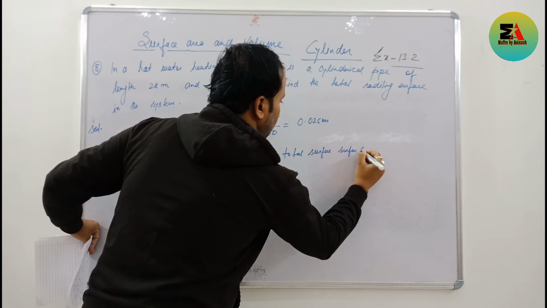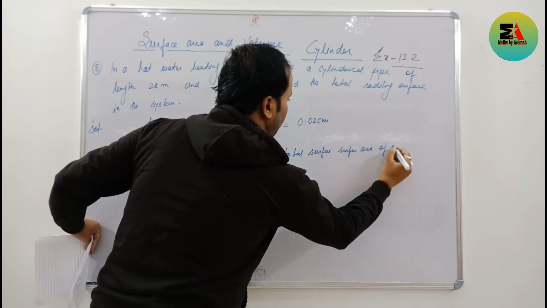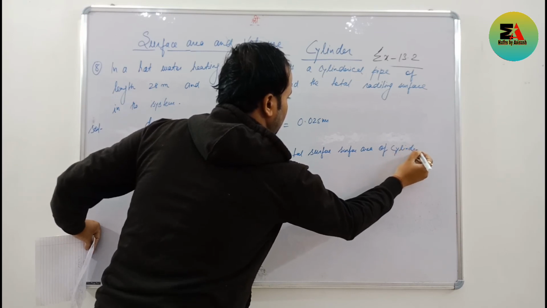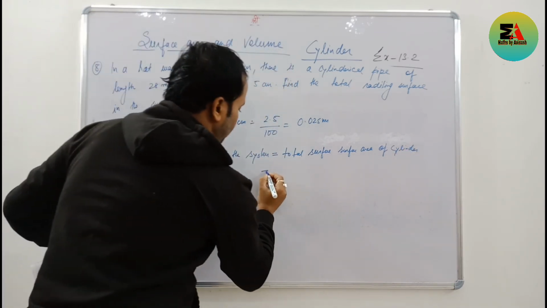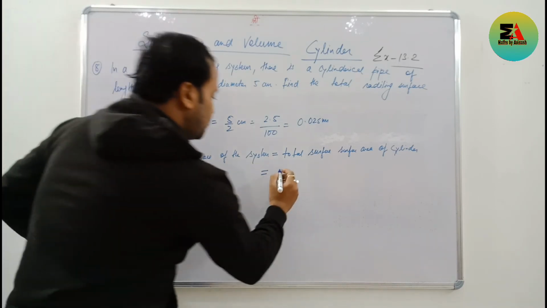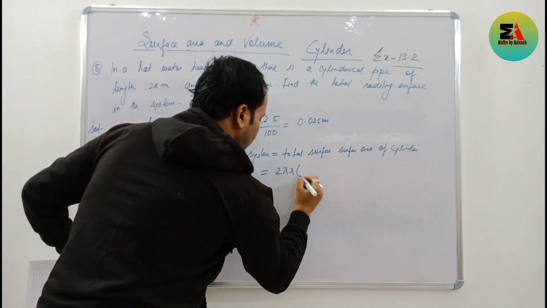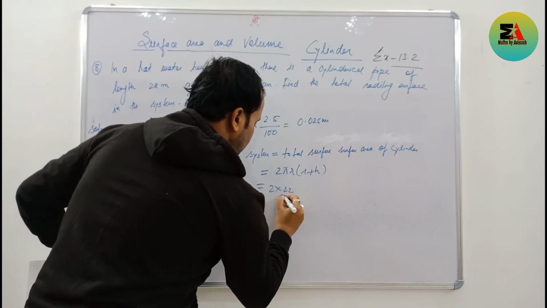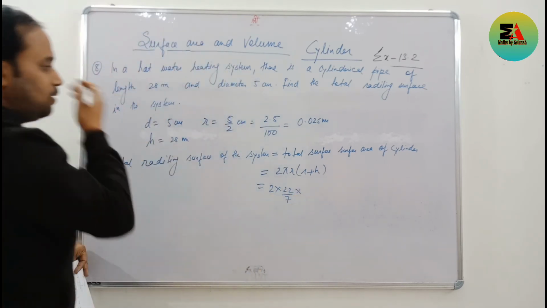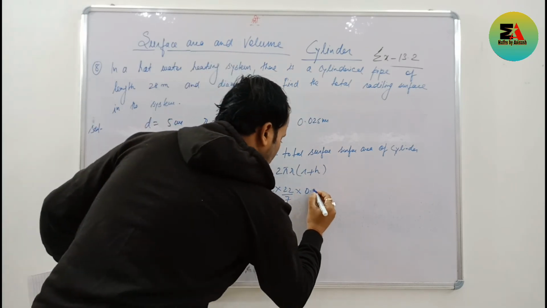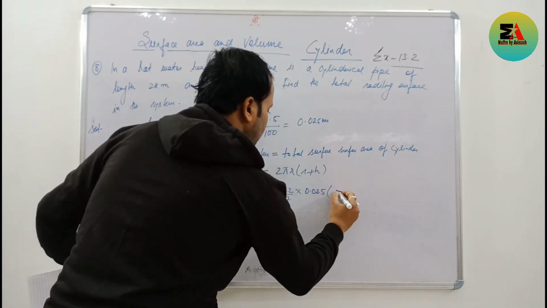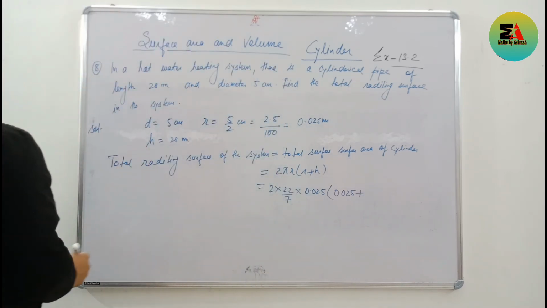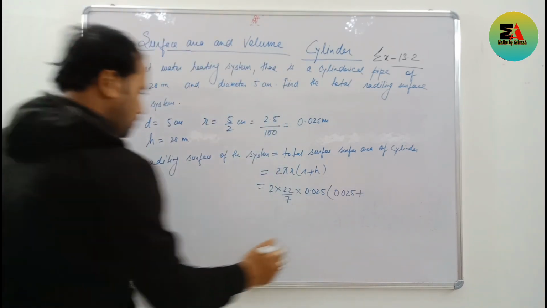We know that total area of a cylinder is 2 pi r times r plus h. Substitute all the values. This becomes 22 by 7. Radius is our 0.025, and height is 28 meter.